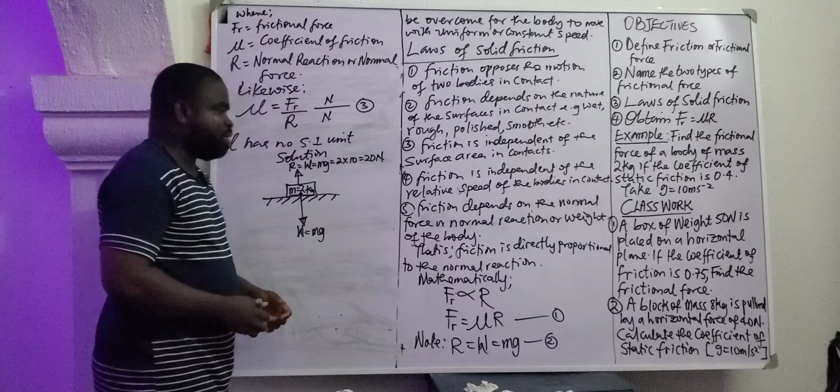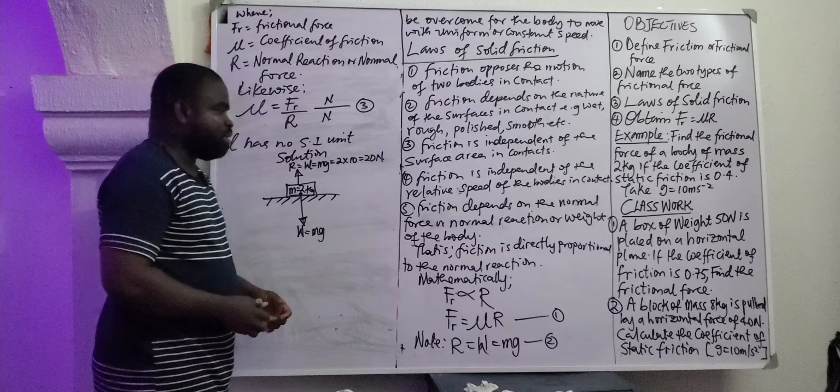So if I remove the proportional sign, I will introduce a constant which we will call mu. So we say that frictional force is equal to mu R. This is capital R, standing for the normal reaction or normal force. So this is one equation, which is equation 1, which is helpful.